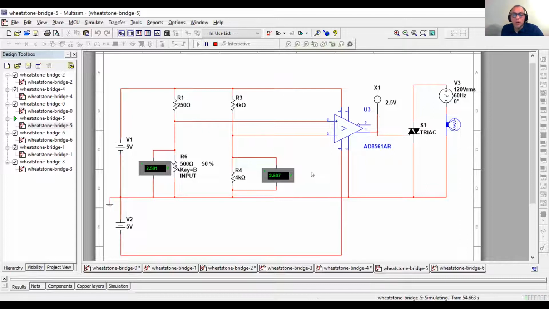So watch what happens when I go above that. Now, the comparator is putting out a 1, turns on the TRIAC, and this circuit here is allowed to flow. Okay? And it stays like that all night.